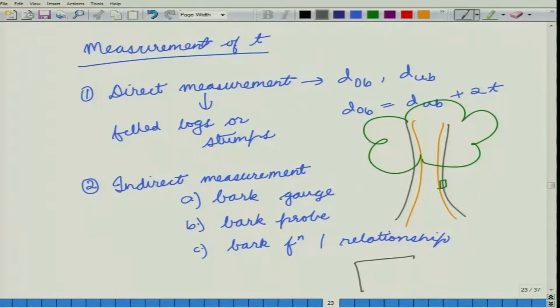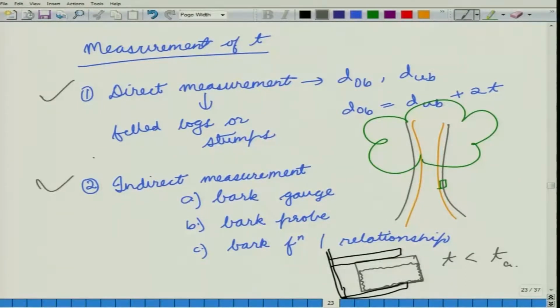If this is your bark and while measuring its thickness you put one end of your vernier calipers here, the other end here and you try to tighten it, this portion would very easily become compressed to a smaller volume. So, the thickness that you would be measuring would be less than the actual thickness.